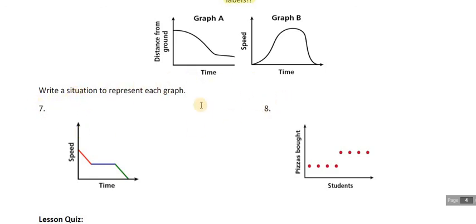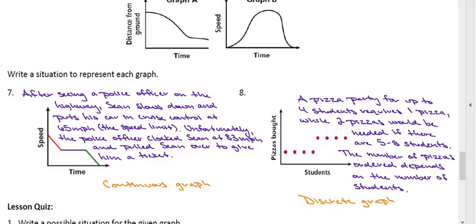Okay, and I talked about them, but I want a real life situation to represent the graph. All right, so how do your scenarios compare? Number 7 for the continuous graph with the speed declining, remaining constant, and then going down to 0. I came up with a scenario that after seeing a police officer on the highway, Sean slows down and then puts his car in cruise control at 65 miles per hour, which is the speed limit.